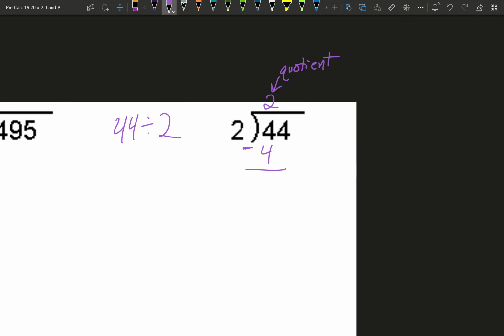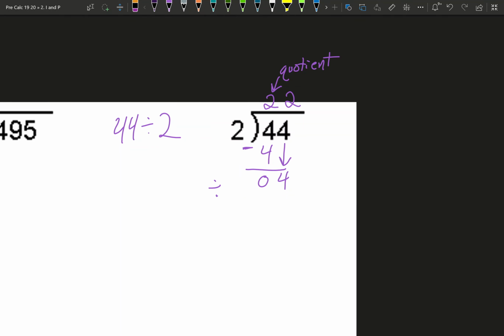You subtract the product of your divisor and your quotient from the digit or digits, as we'll see in another example, in the dividend, and then you write that result down. You bring down your next digit in the dividend and do the same thing. 4 divided by 2, and our quotient is 2.